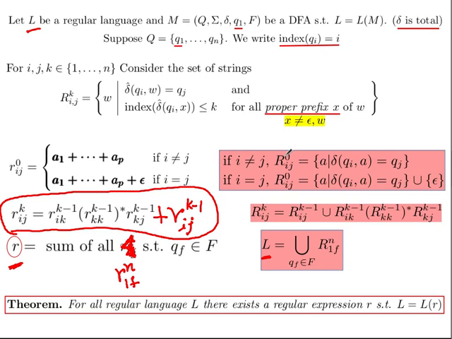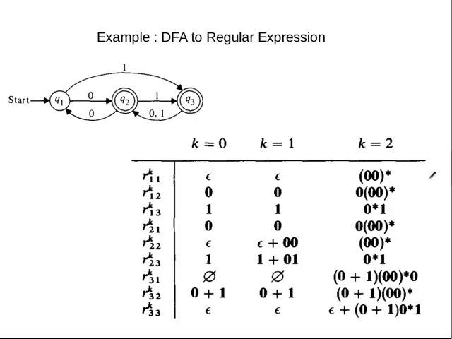If i is equal to j, it always has epsilon. For 1 1 we have only epsilon, nothing else, because from 1 there is no self loop. There is no self loop at all, so all of 1 1, 2 2, 3 3 are just epsilon. If we had something here with some symbol, then we would have that here.